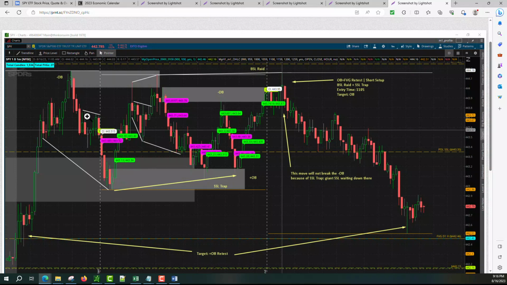And you see that right here, this move, right? So in order to take this buy side liquidity, it has to go here and grab this sell side liquidity, but it did not get it. It just moved right here.